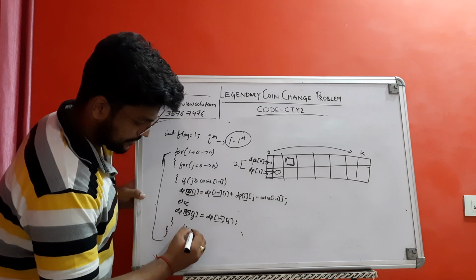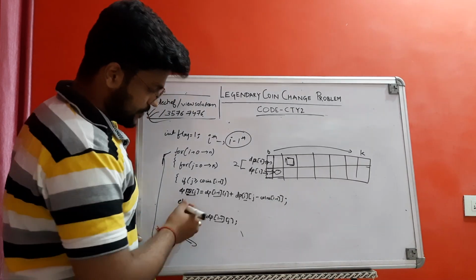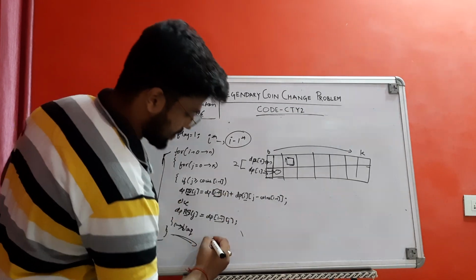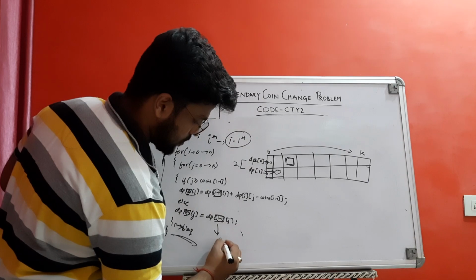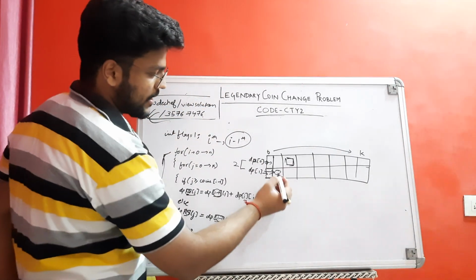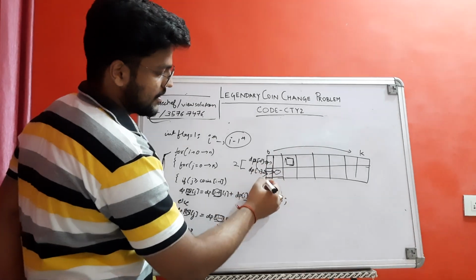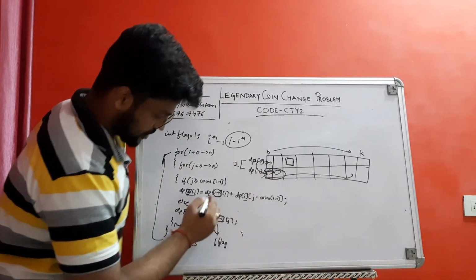Instead of i, you can use flag, and instead of i minus 1, you can use not flag. I'm saving this, and once I save this array completely, then I change the flag value.